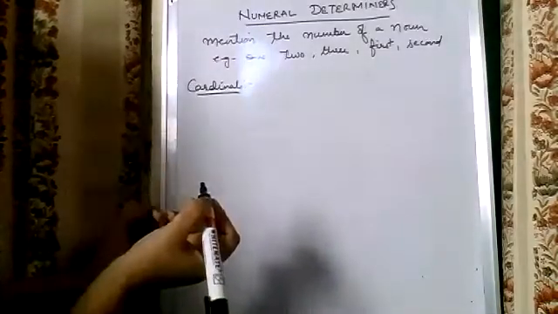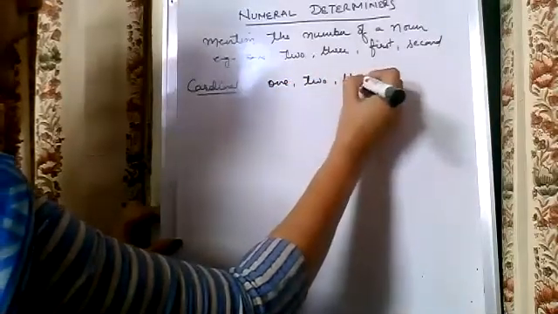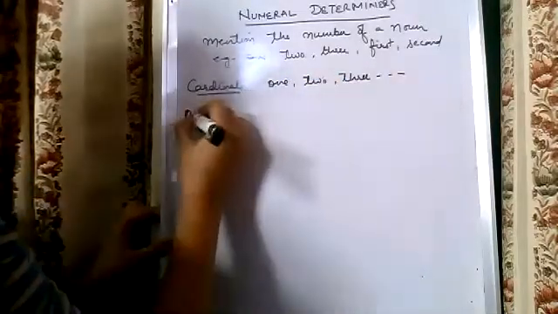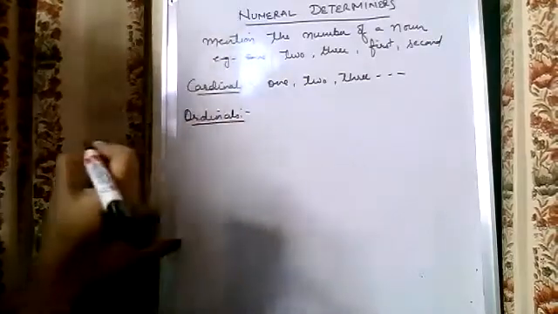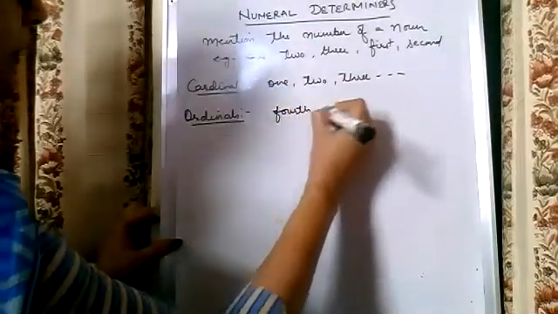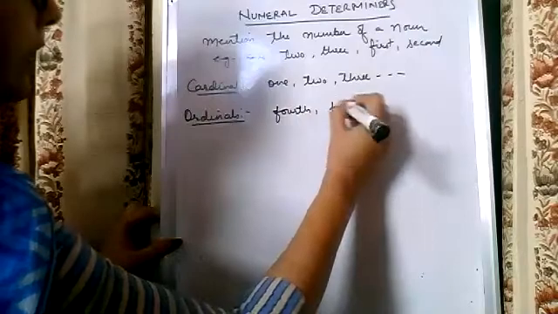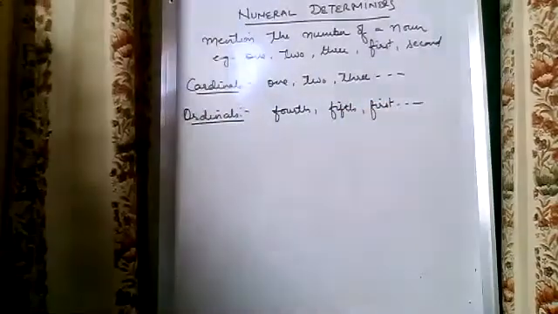Cardinals, for example, 1, 2, 3, and so on. These are cardinals. Next we have ordinals, for example, first, second, fourth, fifth. These are numeral determiners.